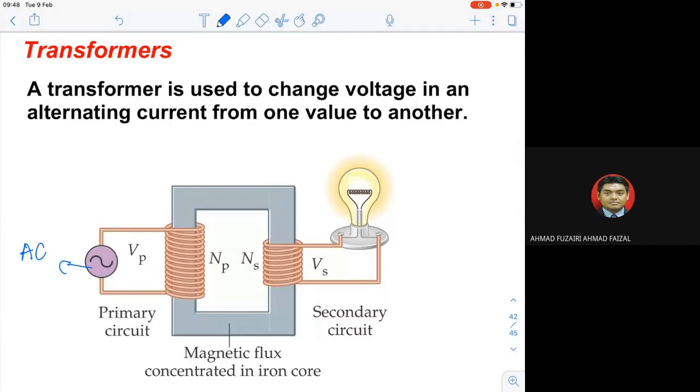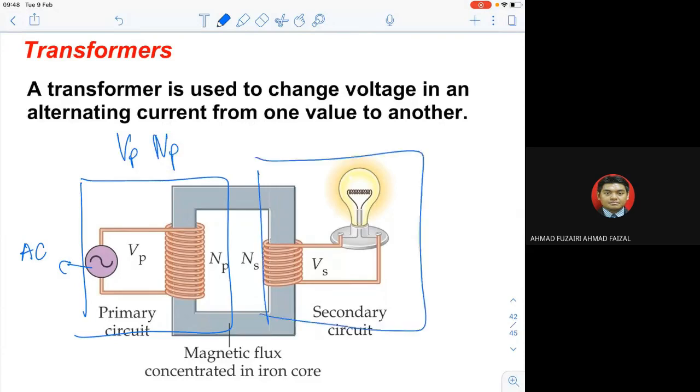How can we describe the primary and also the secondary circuit? This is the primary circuit. We have VP and NP, and on the secondary circuit we also have NS and VS. N stands for the number of turns of the wire, and V is the potential difference.